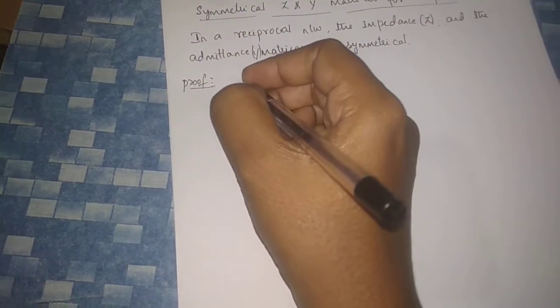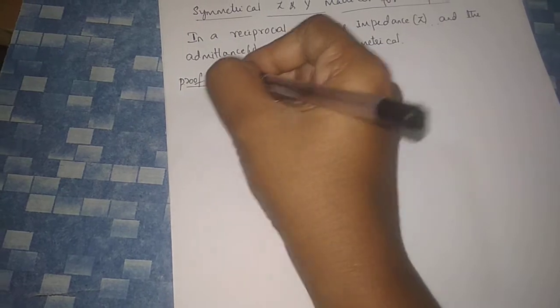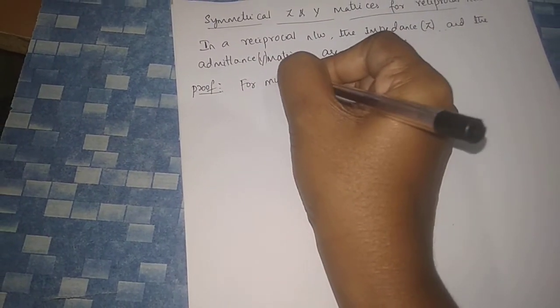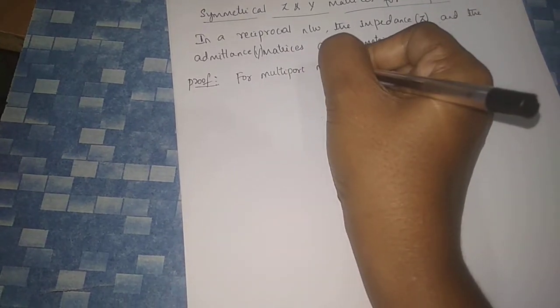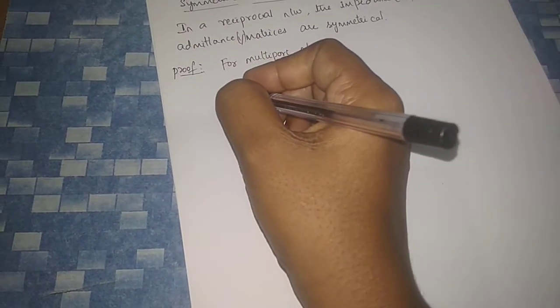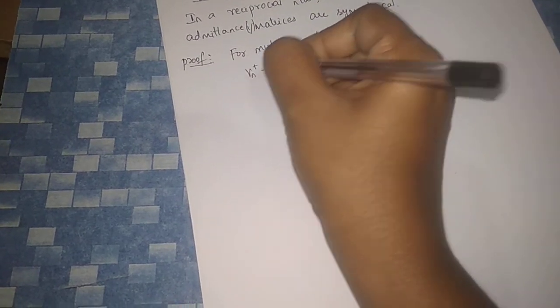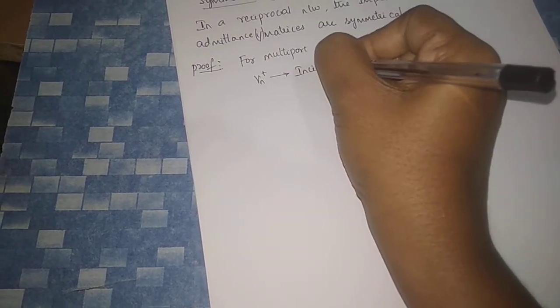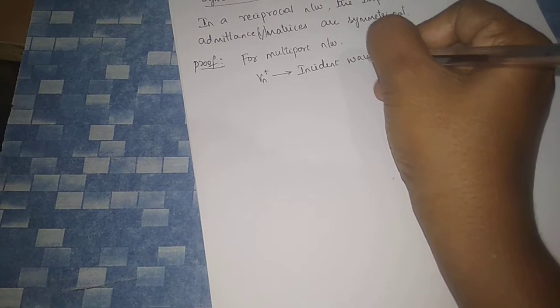Now we are considering a multi-port network here. So for multi-port network, let us take Vn plus is the amplitude of the incident wave, or you can write it as incident wave amplitude.